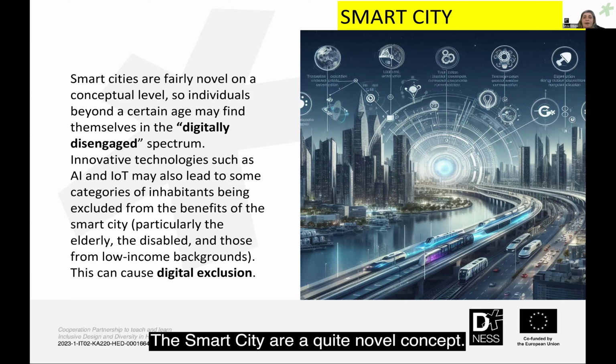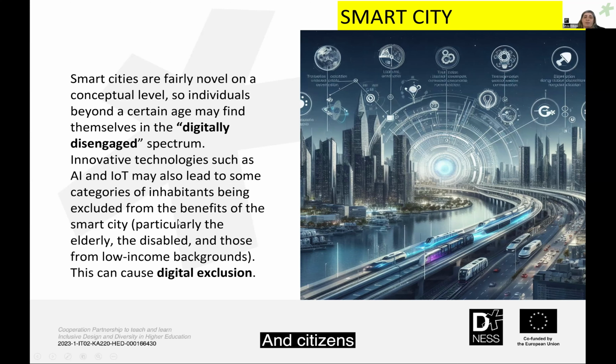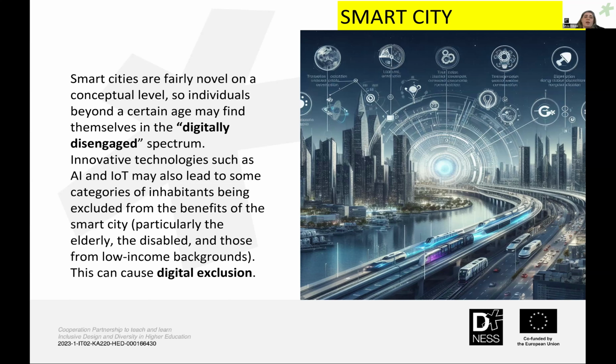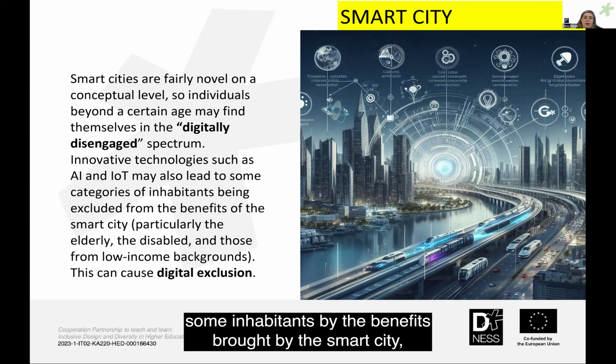Smart cities are a quite novel concept, and citizens can be digitally disengaged. Innovative technologies such as artificial intelligence and the Internet of Things can exclude some inhabitants from the benefits brought by the smart city.